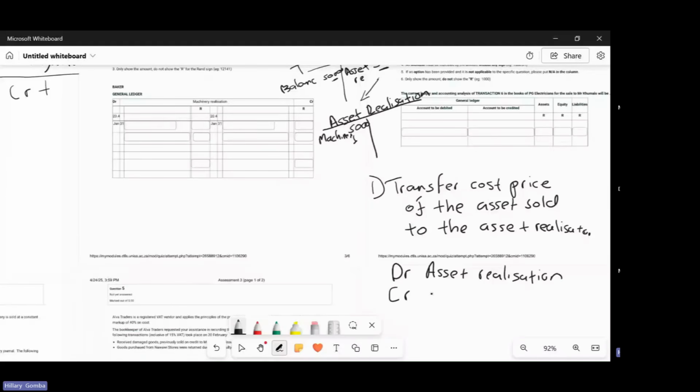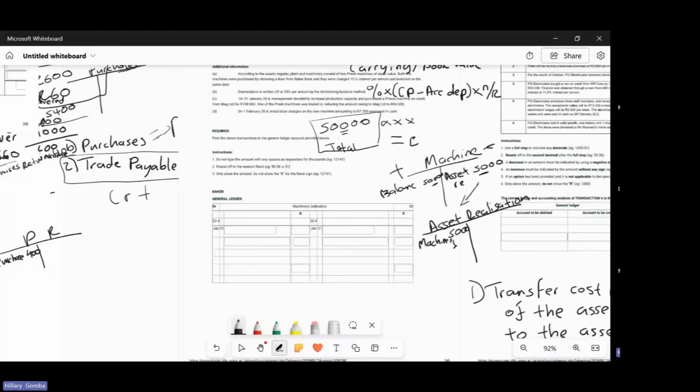Okay, so let's start with step number one. So we said we are transferring. They told us that we had two machines, two press machines of equal value. Both of the machines were purchased by obtaining a loan from Baker, and they were charged 15% and so forth. And then it says on January 31, management decided to increase capacity and purchased the Prince machine. So we sold one of the machines.